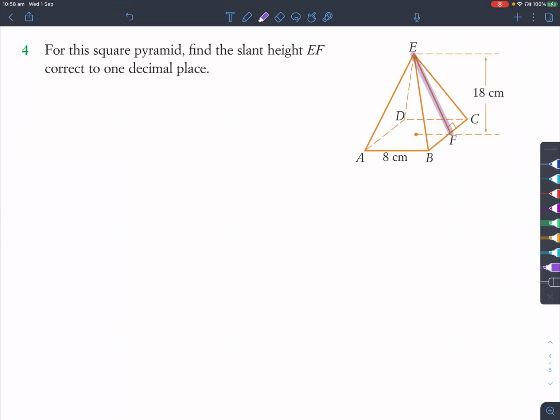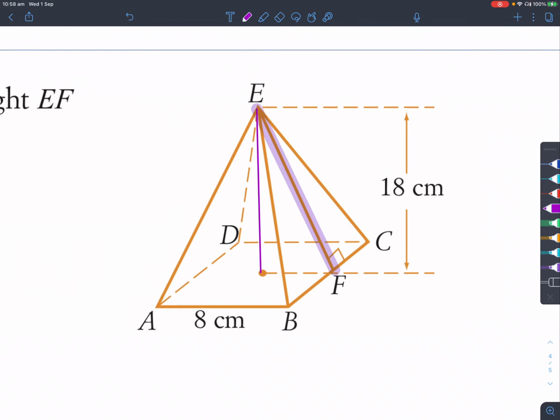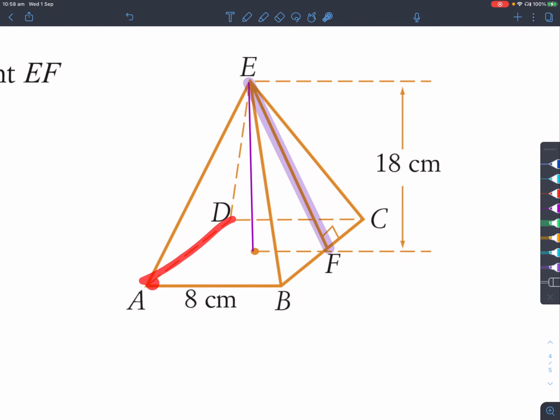Now, that length there is not too bad to find. We've already got our vertical height, 18, which is simply this line here from the center of the bottom shape, which in this case is a square pyramid, so it's a square at the bottom, over here.